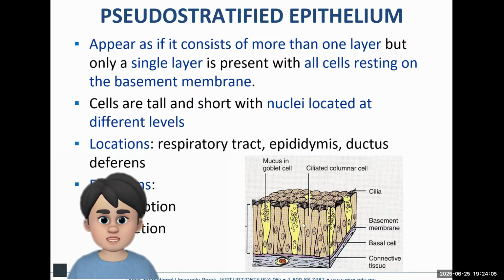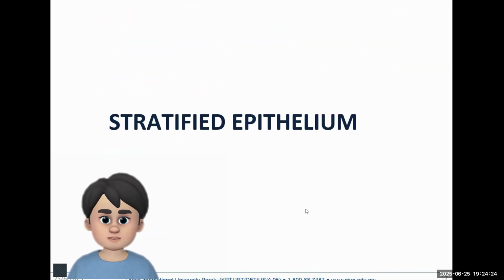Since the nuclei are at different levels, we at once think there are two cell layers, but actually it's one. Location: respiratory tract, epididymis, ductus deferens. Function: absorption and secretion, right?